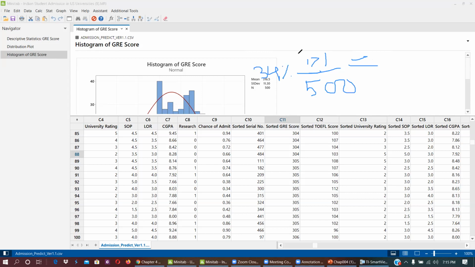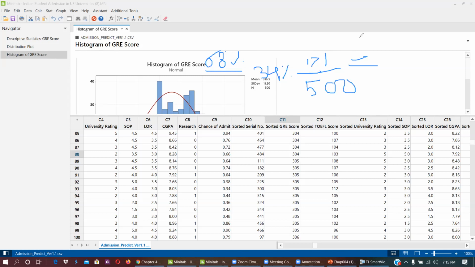And within 1 sigma, 68% of the data must be there, 68 point something. So if you do this, it is coming close to that, and we are doing this with only 500 numbers.